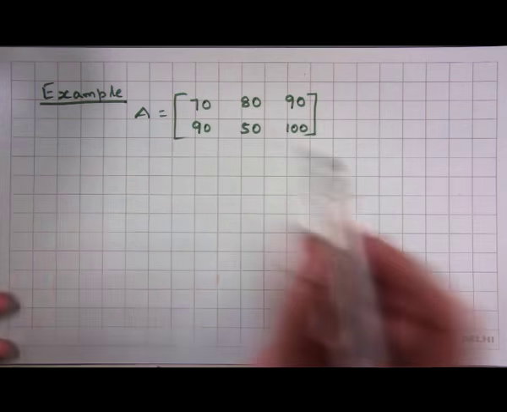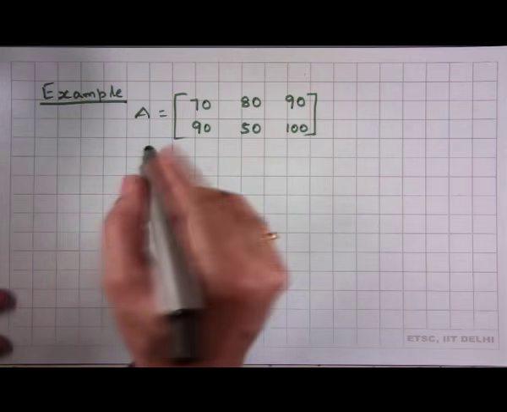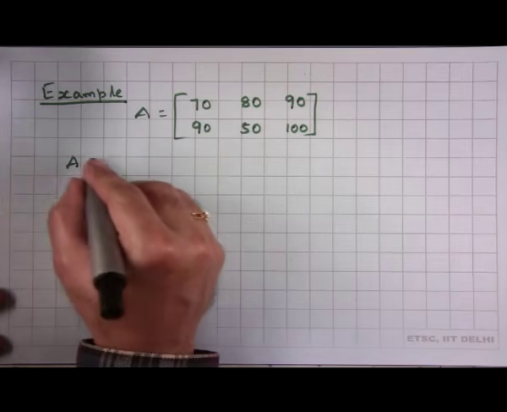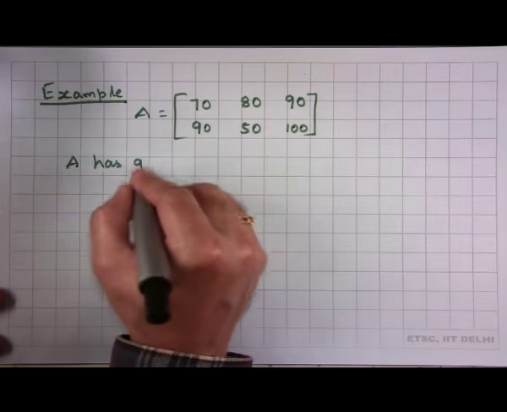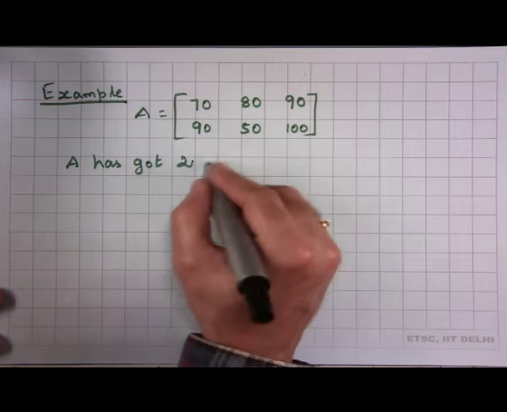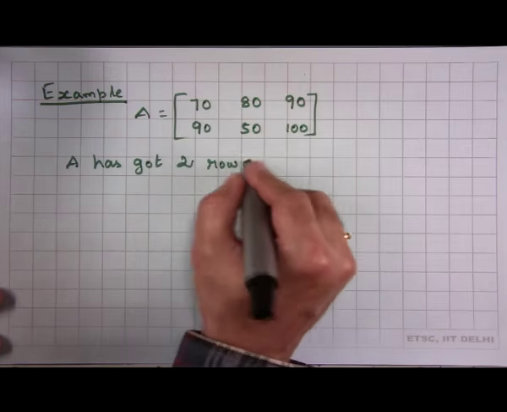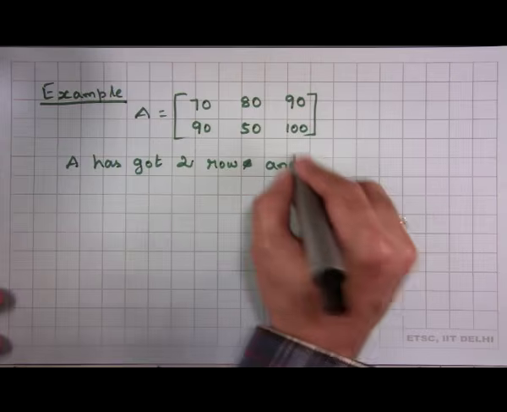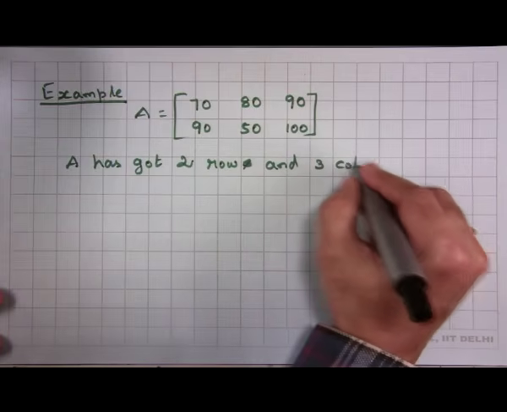If you look at this matrix, A has got two rows and 3 columns.